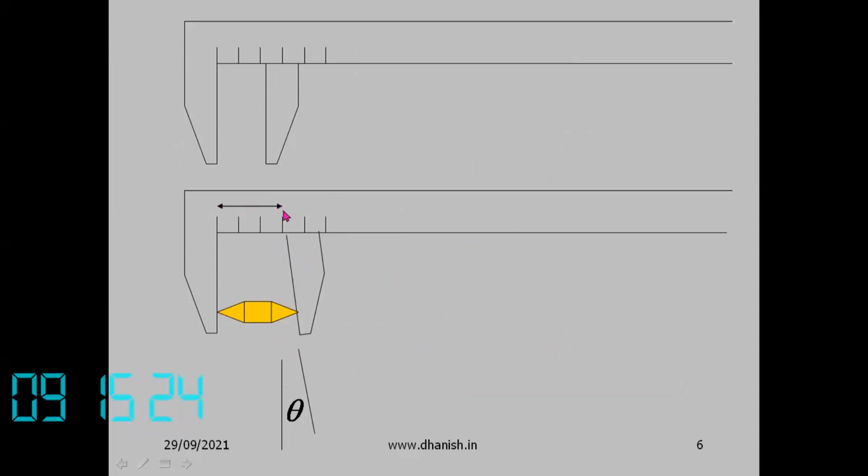What we read from the vernier caliper will be this. So this is the measured length. This is the true length. And what will be this? The distance between the scale and the object's desired line of measurement. That is the Abbe offset, dy, distance y.